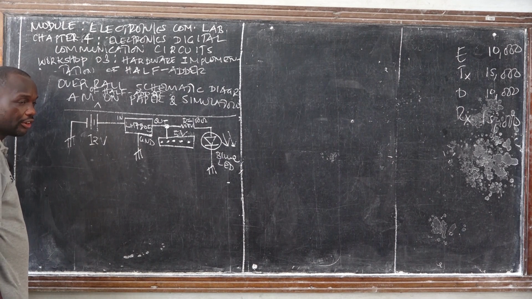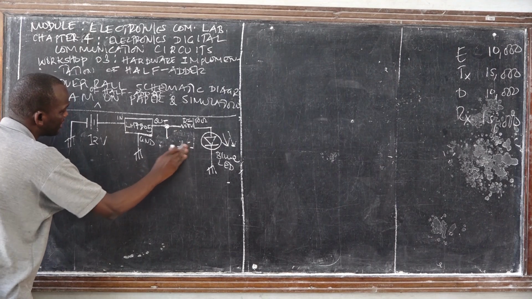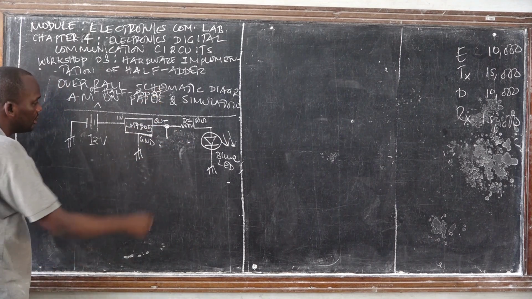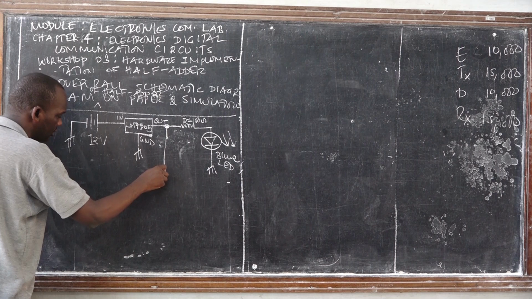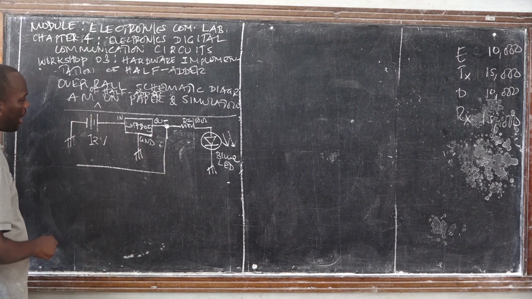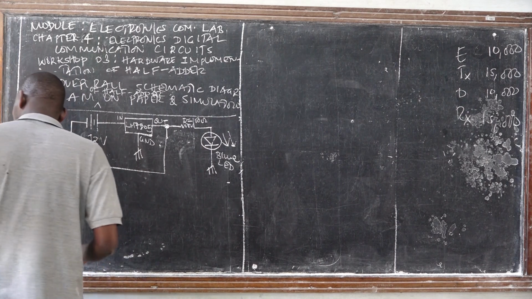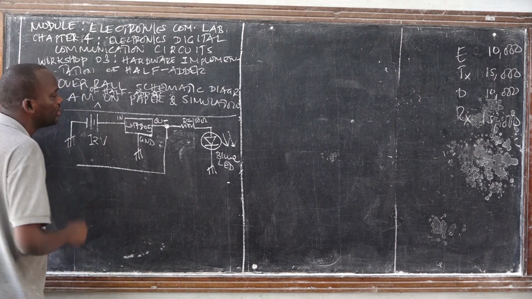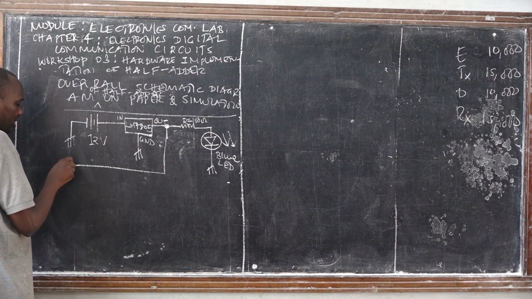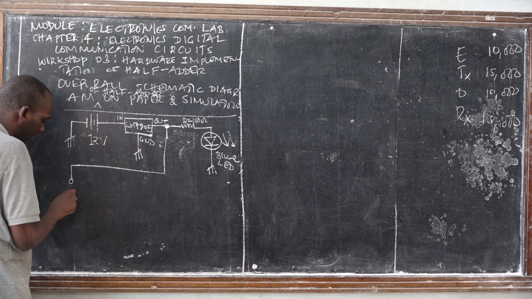But in simulation, we don't need this. In simulation, we just need to take the wire. Then this is our 5 volt. This is our DC linear power supply. So this is in simulation. So yes, we need it. So this is our 5 volt linear power supply. Then we have to take it on paper.